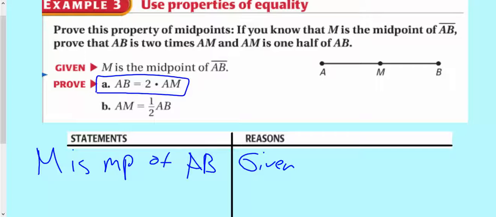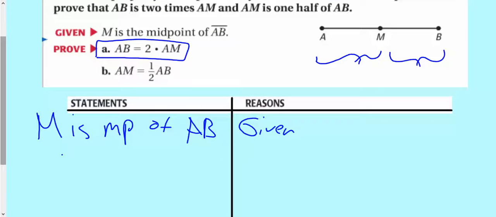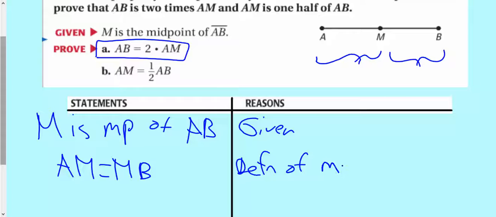If M is the midpoint, we know that AM has to equal MB. Those two have to be equal to each other. So AM equals MB, definition of a midpoint. That gives us some good information.